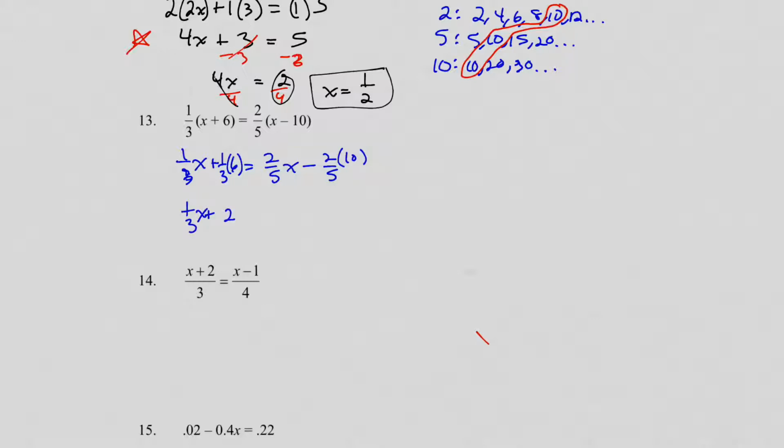Keep forgetting that x there. So 20 divided by 5 is 4. So at the beginning, we can take care of this problem by multiplying everything by 15. 15 is the LCM, or the LCD, some people call it.